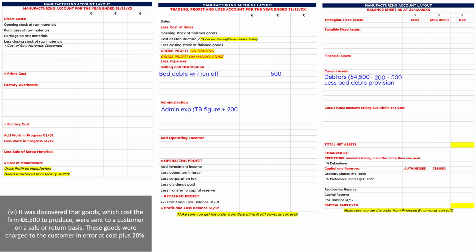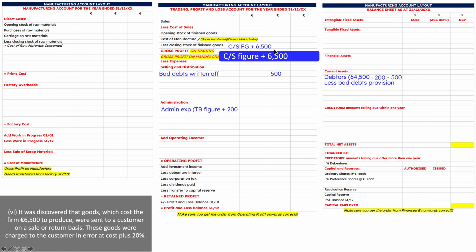So sale or return means that it's an agreement between the buyer and seller. It means that the buyer should not be charged unless they sell the goods. So when you see sale or return, it shouldn't have gone down as a credit sale. So we have to rewind the credit sale. So we need to add the closing stock back to finished goods, okay?